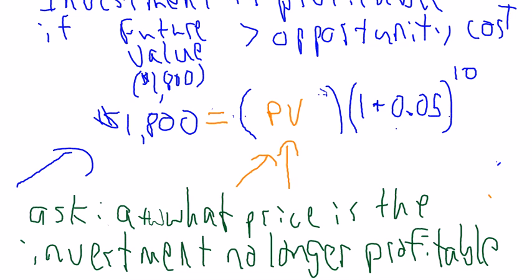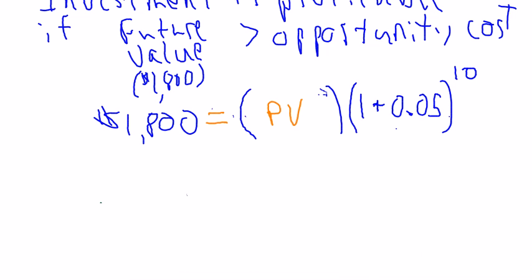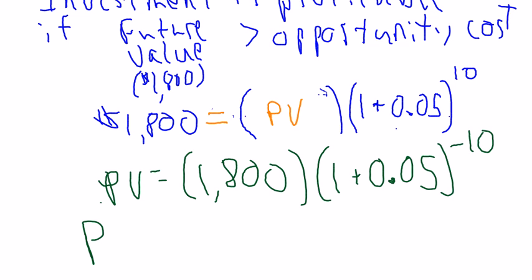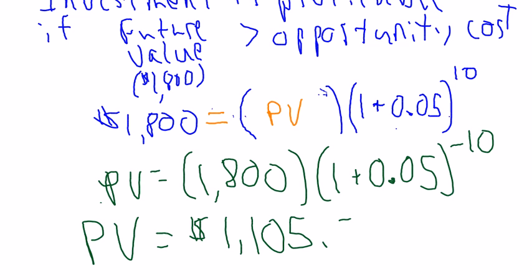And to solve this, we just use simple algebra. And you get present value is $1,105.04.